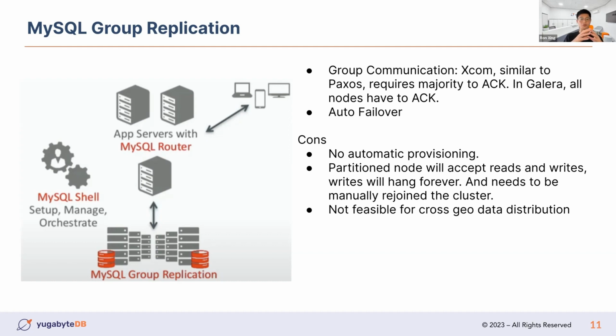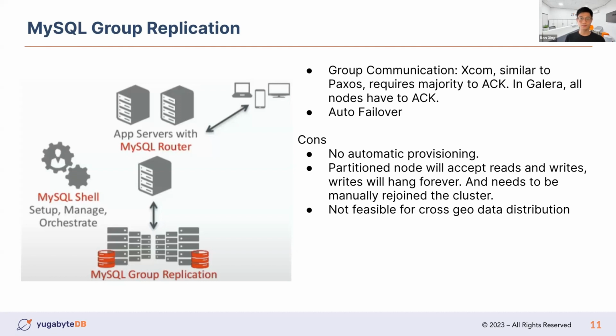On top of the group replication cluster, they also invented two other components: MySQL Shell to manage and orchestrate all the cluster operations, and a lightweight middleware component called MySQL Router to be embedded together with an app server, so that it will help the application to route the traffic to the master node, or in the event of failover, the router will know which is the next master node, right?